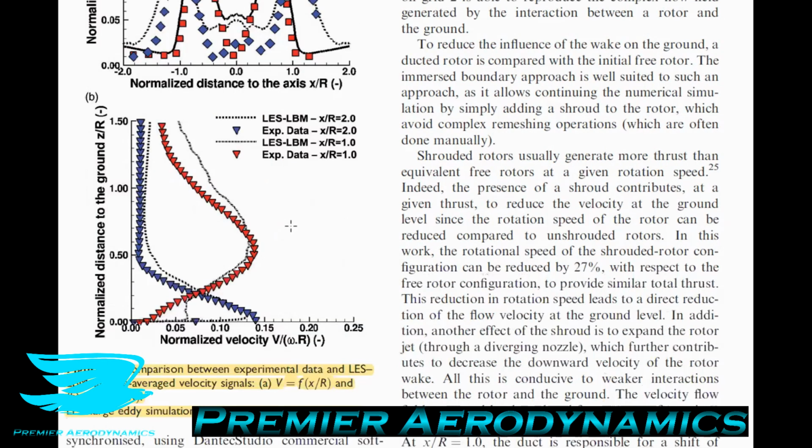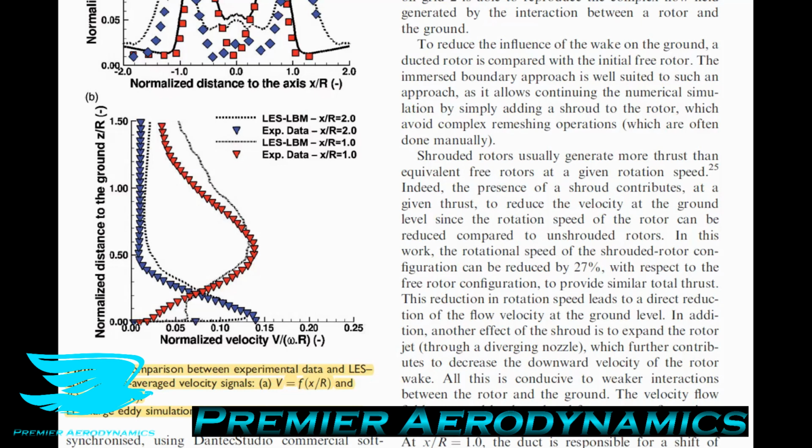The velocity magnitude is shown in figure 5b at 2 locations. So two locations downstream of the rotor. The LBM CFD, sorry, is in good agreement with measurements, especially close to the ground, at a distance of 1 rotor diameter underneath the rotor.